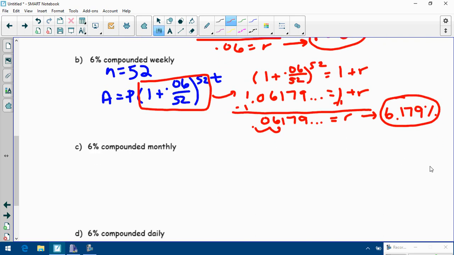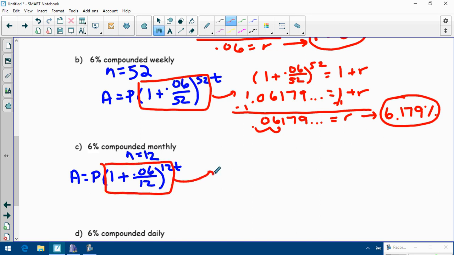Okay, let's see if we can beat that. Compounded monthly. What would n be if I'm compounding monthly? 12. So A equals P times 1 plus 0.06 over 12 raised to the 12t. I take the piece that's being raised to that exponent of t, which is that. 1 plus 0.06 over 12 raised to the 12 equal to 1 plus r.